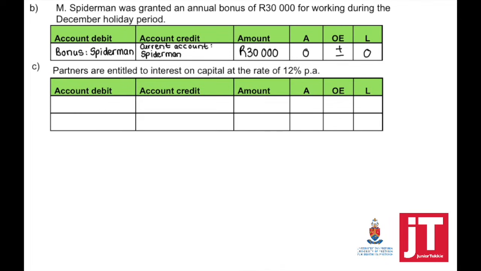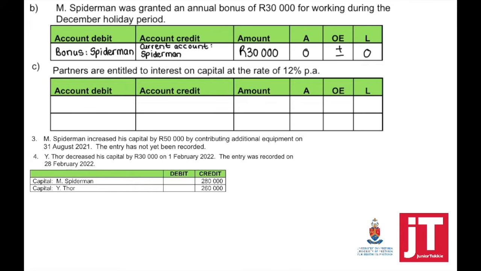Partners are entitled to interest on capital at 12% per annum. Interest is always calculated on the capital balances. This means we now need to go back and look at what happened with the capital. From the pre-adjustment trial balance, Spider-Man has a balance of 280,000 and 4 has 260,000.